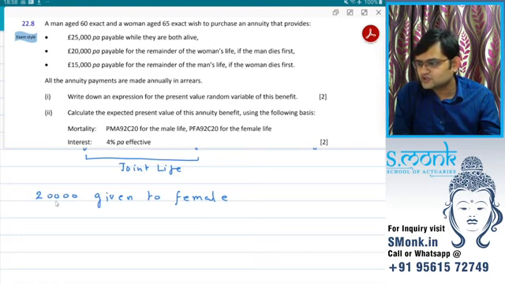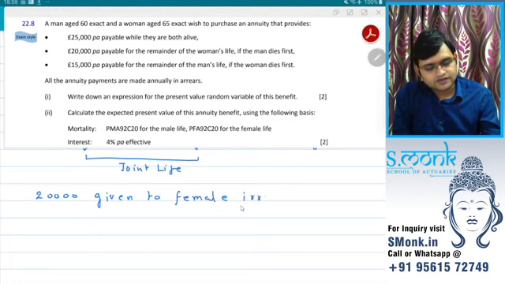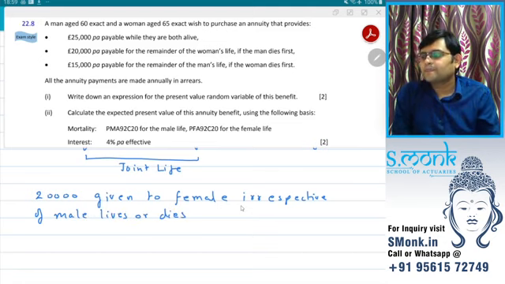Now let's assume that 20,000 is given to female irrespective of male lives or dies.